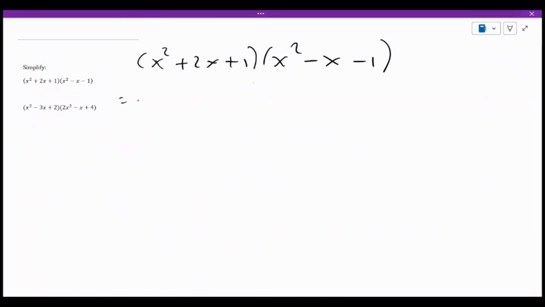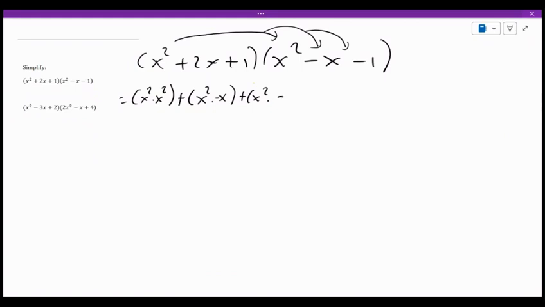So let's go. x squared times x squared plus x squared times negative x plus x squared times negative 1. Now we're done with the x squared. We're moving on to the positive 2x.